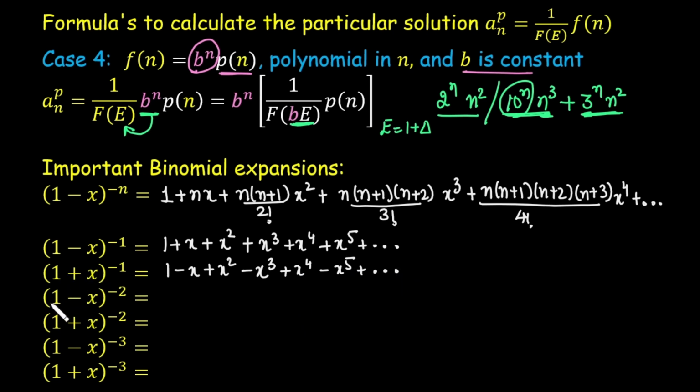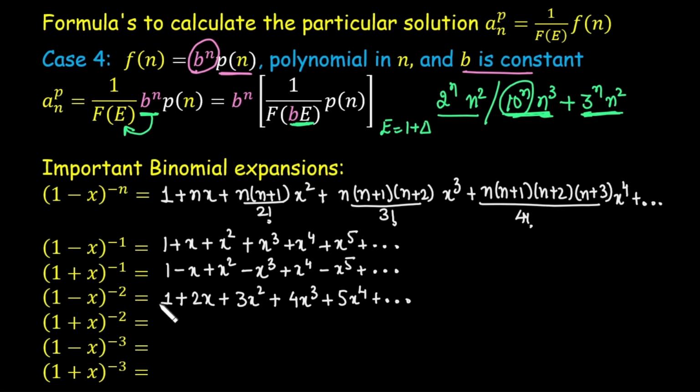For the next case, when we have 1 minus x raised to power minus 2, negative negative, so all signs are positive. So we can write 1 plus, here we can write directly n, 2x. Simplify this, you will get 3x square, then 4x cube, then 5x raised to power 4, and so on.